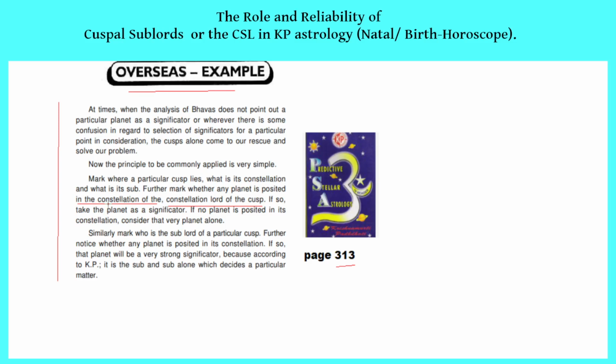So this dramatically increases the scope of the Cuspal Sublord, and with this kind of wide scope, it is very difficult to say no to any question. If you come across any question in a birth horoscope, and you try to figure out whether this thing will not happen, and you have all these rules and this too wide scope of the Cuspal Sublord, your answer is always going to be yes, that this will happen.